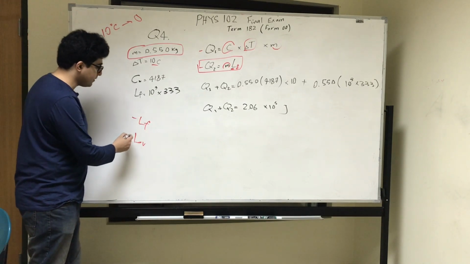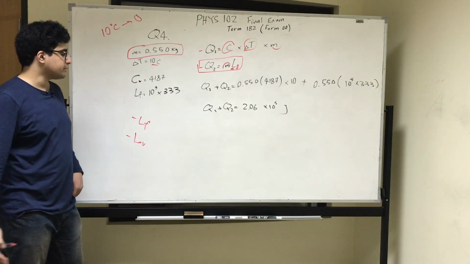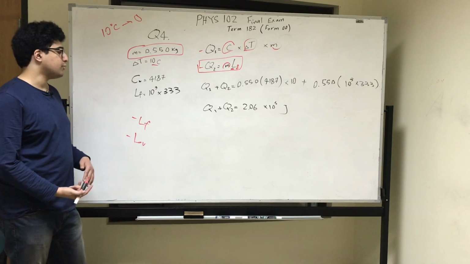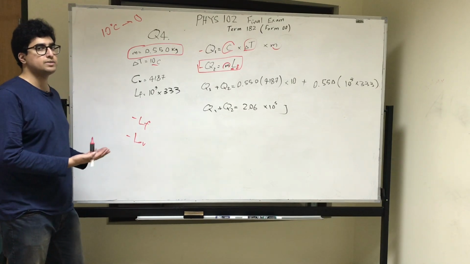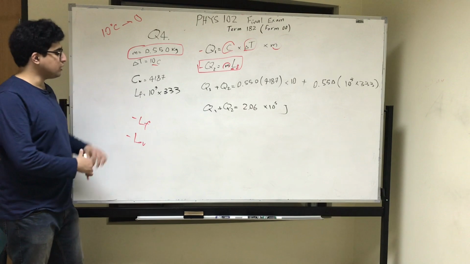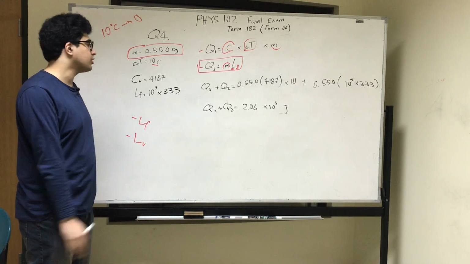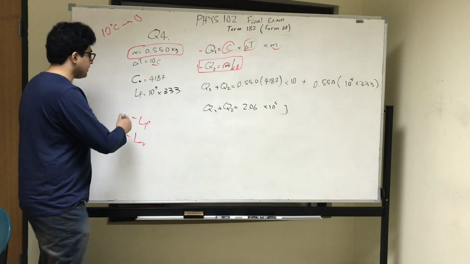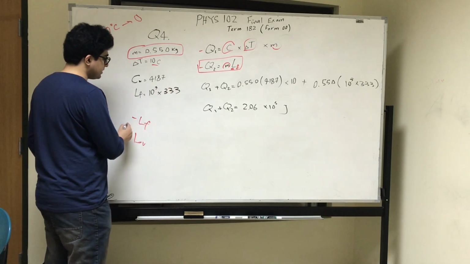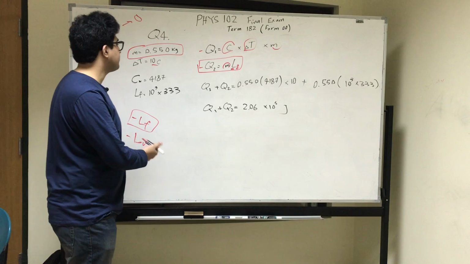So this is for fusion. Vaporization we use when we have liquid water and it becomes gas, and also the other way around, when gas changes to liquid water. So what we're interested in for this question is latent heat of fusion, because we're changing from liquid to solid.